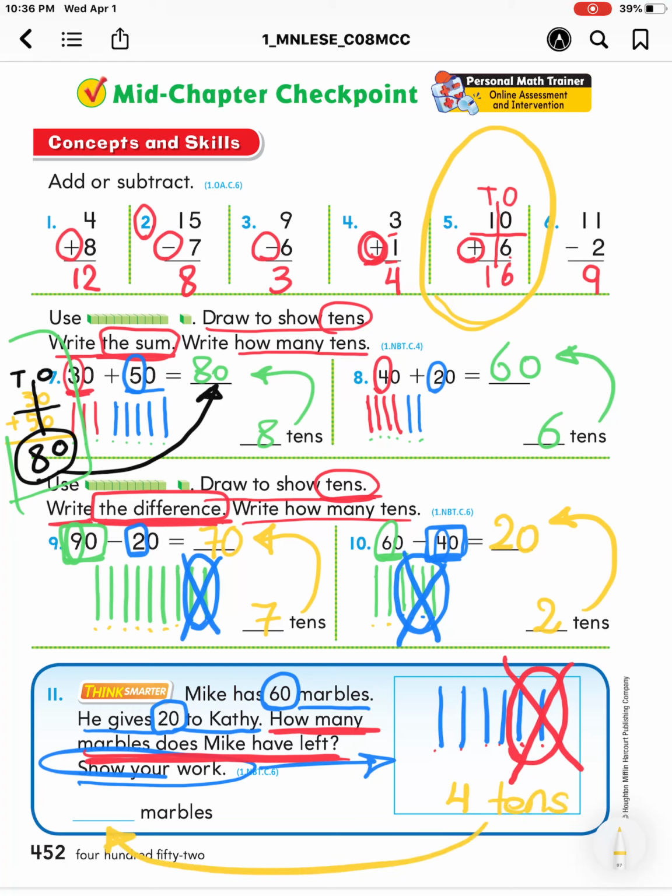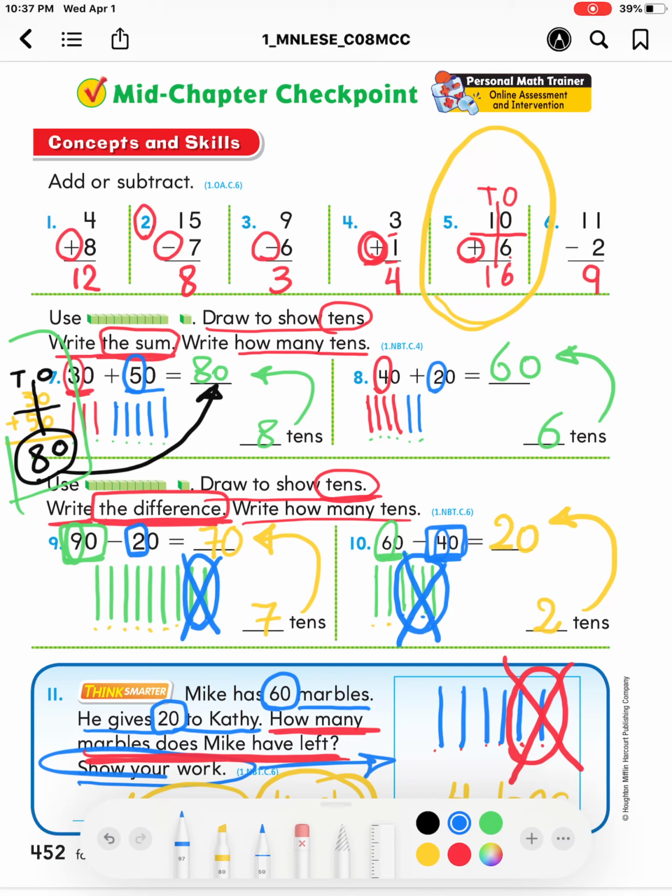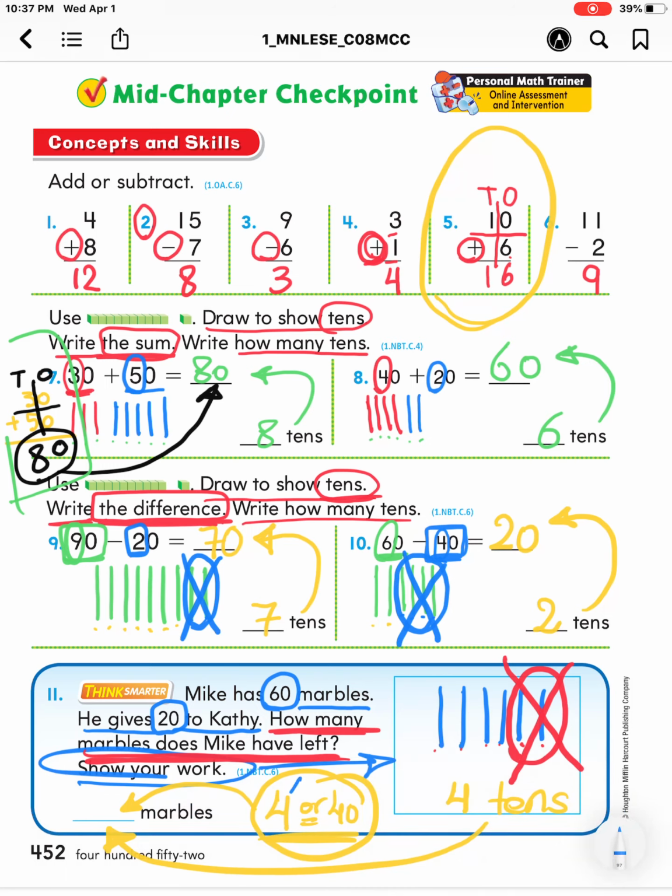Which means how many marbles? I'm waiting for you. Good job. It's 4 or 40? I can't hear you clearly. Is it 4 or 40? Should I write here 4 or 40? Think. Take your time. Of course not 4.